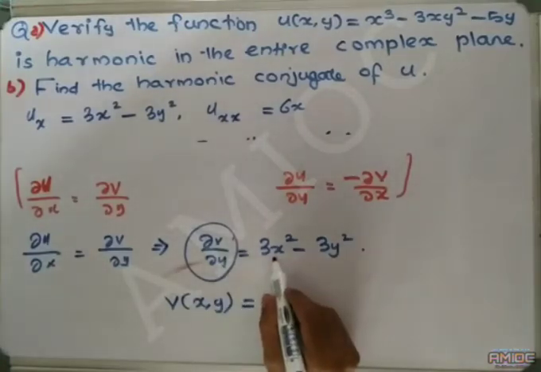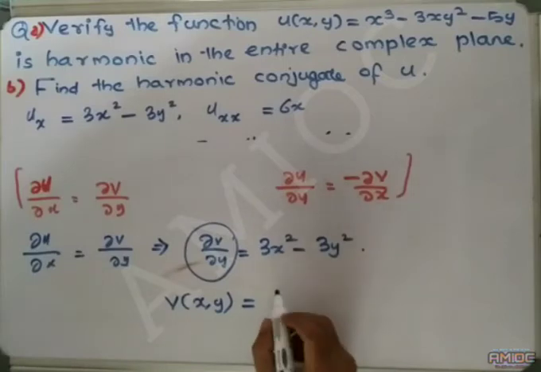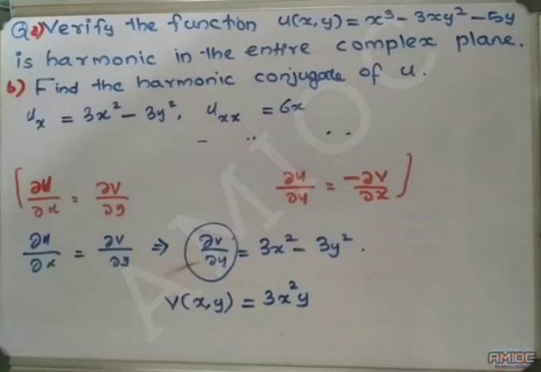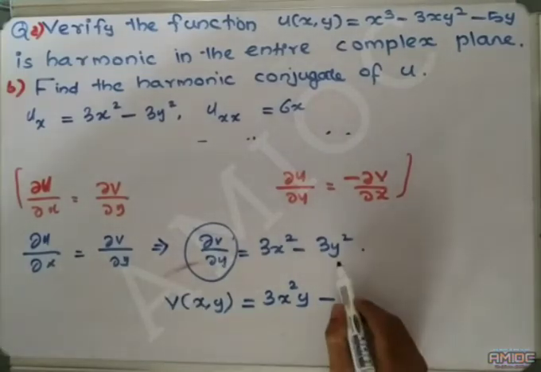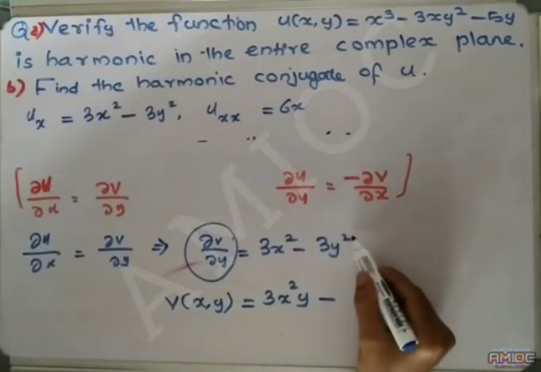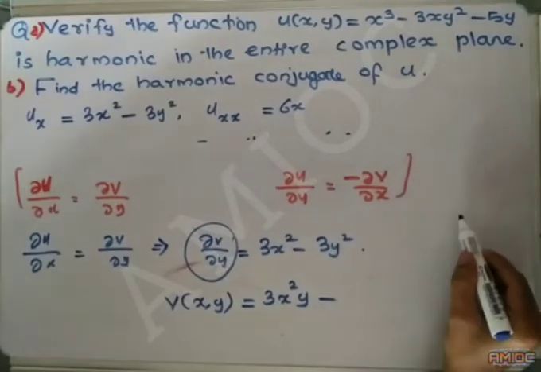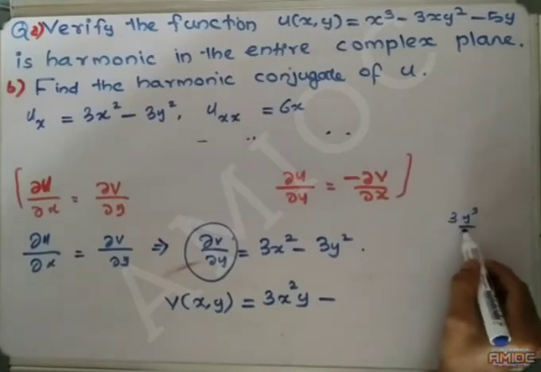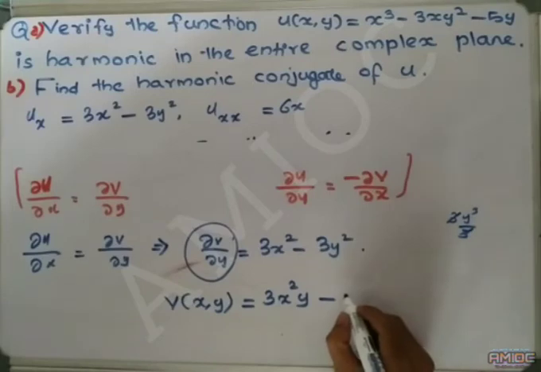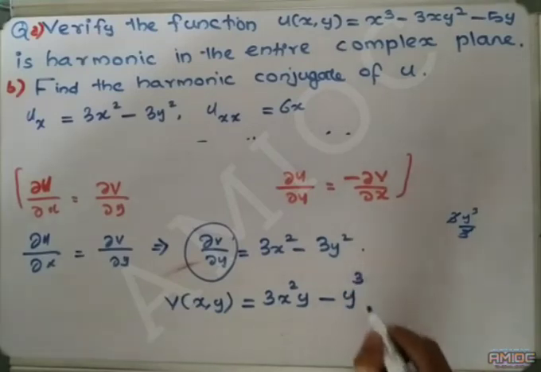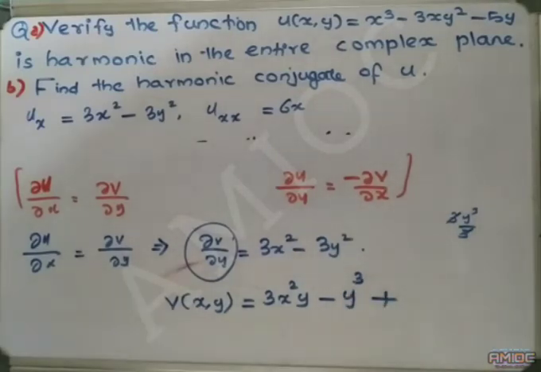If we are integrating with respect to y, 3x² is constant. The integral of 3x² will be 3x²y minus, integrating with respect to y, the integral of y² is y³/3. Therefore, 3 into y³/3, the 3 and 3 cancel each other. Therefore, the resultant integral will be y³ plus a constant.